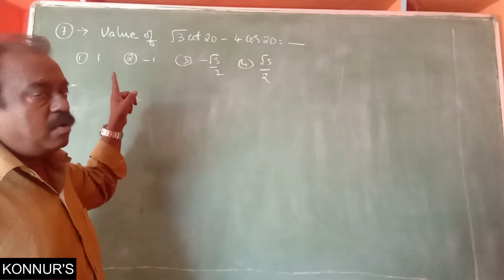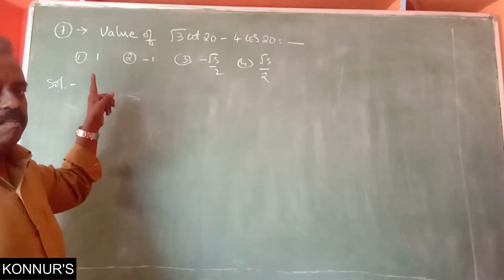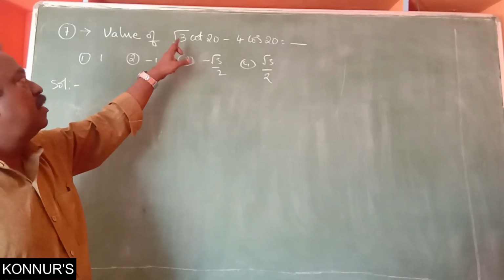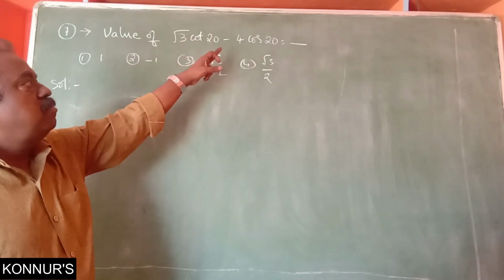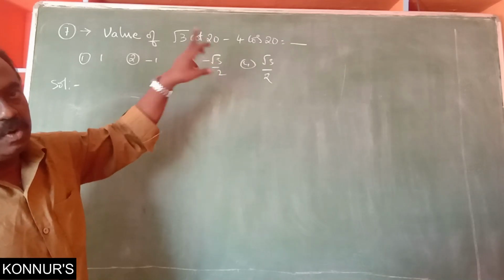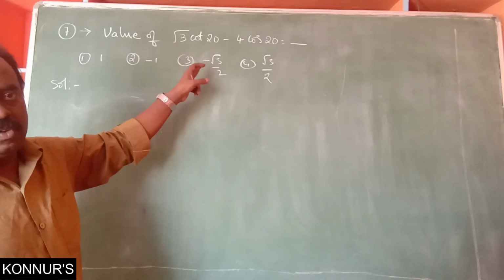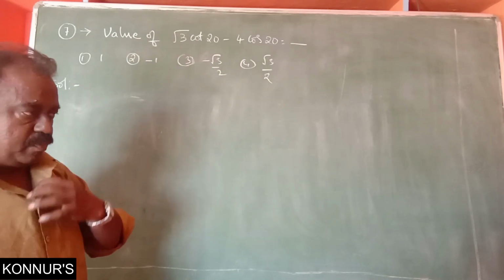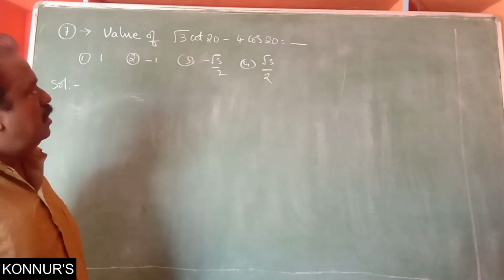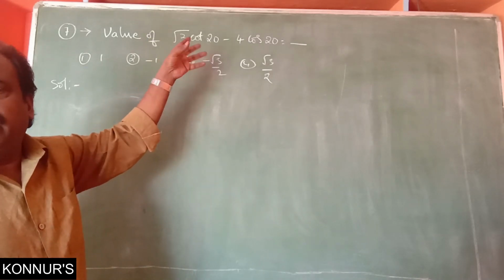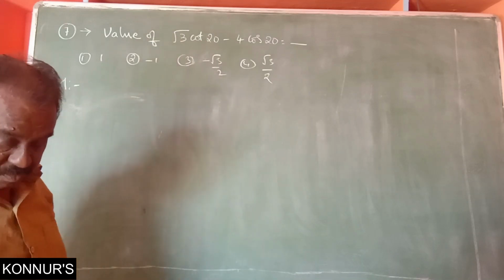Now I am going to start with the 7th problem. You see, find the value of the expression root 3 cos 20 minus 4 cos 20. Options are 1, minus 1, minus root 3 by 2, plus root 3 by 2. We don't know the value of cos 20.